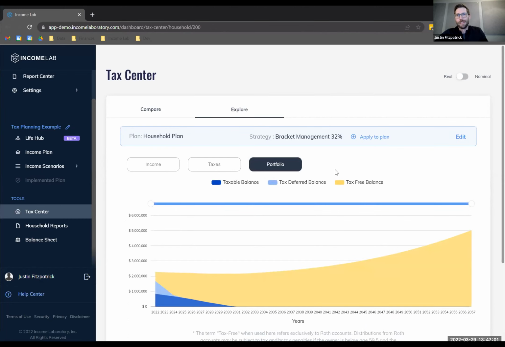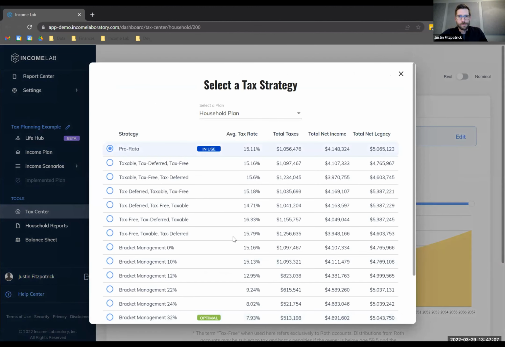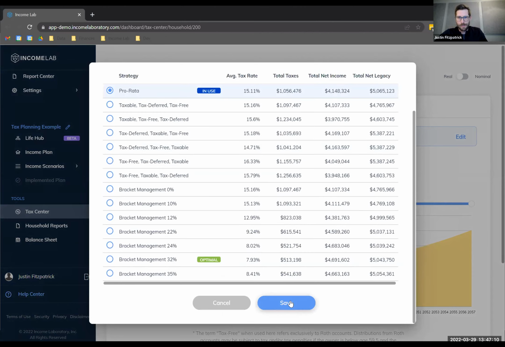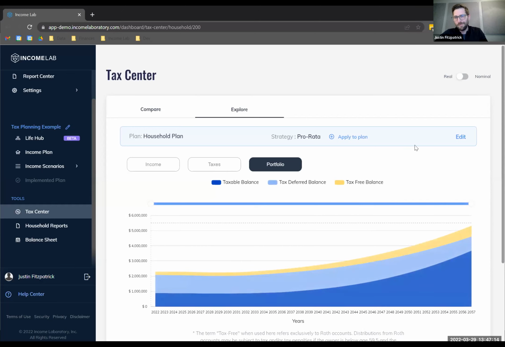But if we shifted to pro rata, for example, it's a mix. Yeah, and you can see the tax deferred balance is going down faster than others because of RMDs.